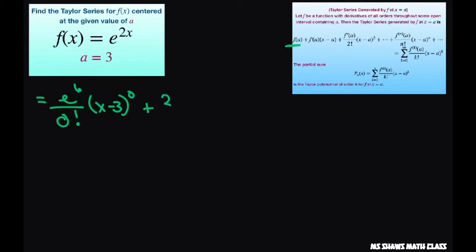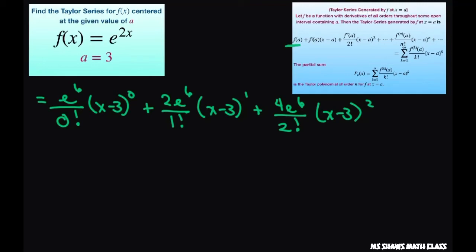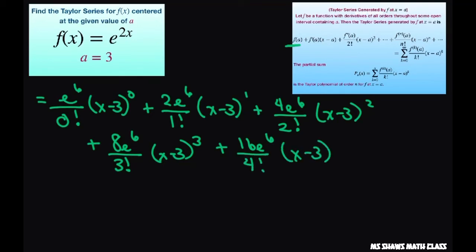Plus 2e to the 6th power divided by 1 factorial times x minus 3 to the 1st power, plus 4e to the 6th divided by 2 factorial times x minus 3 squared, plus 8e to the 6th divided by 3 factorial times x minus 3 to the power of 3, plus 16e to the 6th divided by 4 factorial times x minus 3 to the power of 4, plus it continues on and on. You could see the next one would be 32.